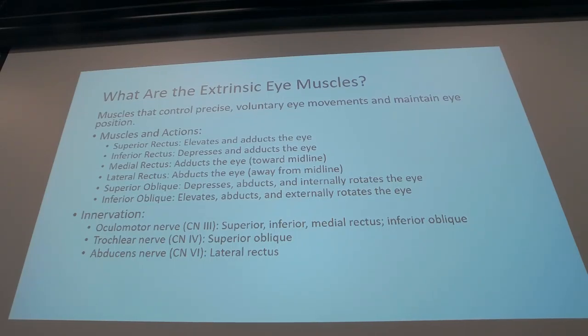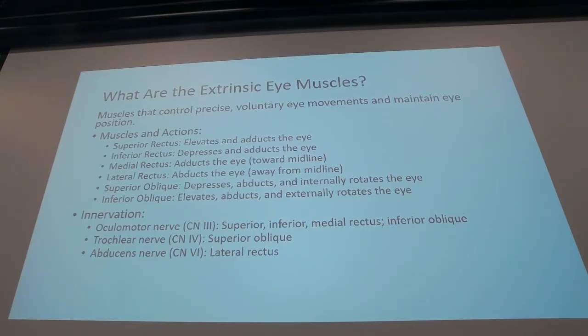And then we have 2 obliques, superior oblique and inferior oblique. They're called oblique because they run at an angle. Superior oblique is inserting into the superior lateral portion of our eye, and the inferior oblique in the inferior lateral portion of our eye.